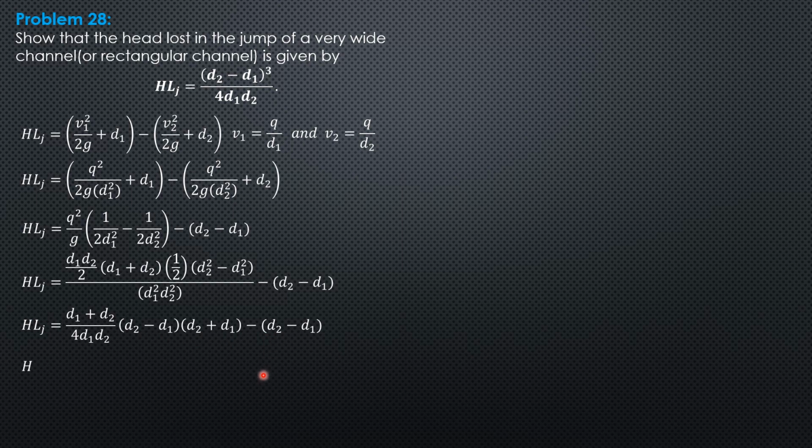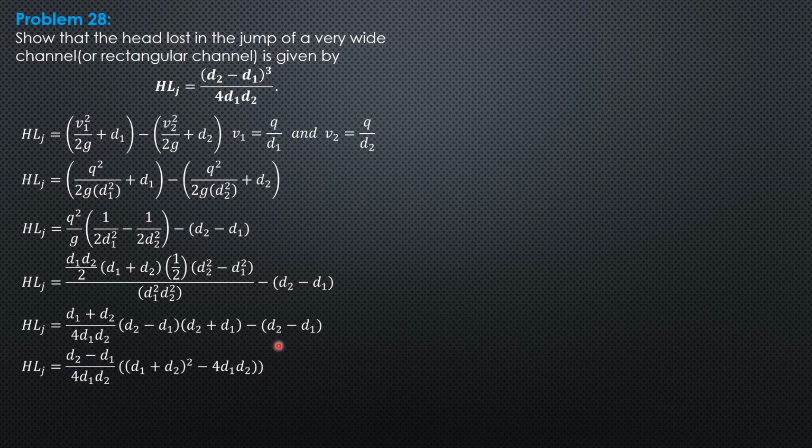Let's factor that out. Head loss in the jump is depth 2 minus depth 1 over 4 d1 d2 times the quantity depth 1 plus depth 2 squared, because we have depth 1 plus depth 2 squared. Then minus 4 times depth 2 depth 1, because we also factor out 4 from the denominator.